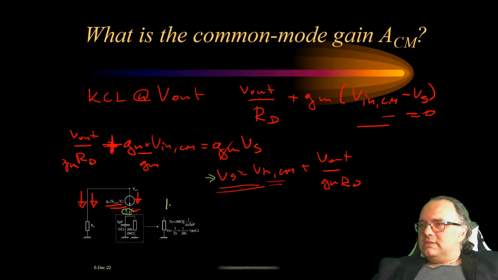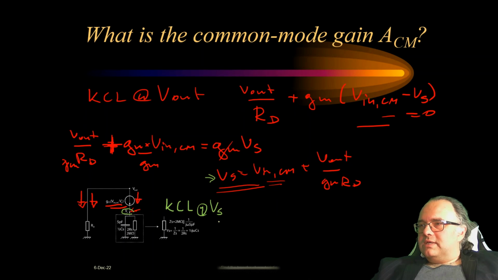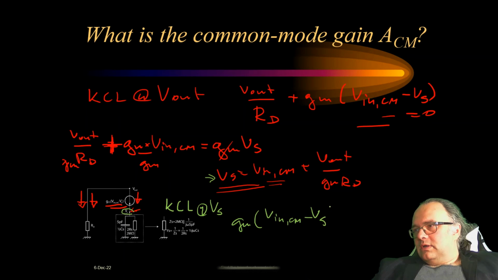So now KCL, Kirchhoff current law at node Vs. This will be this current, which is GM of V in common mode minus Vs, and this current is equal to the current that goes through this impedance, which is Vs over Zs, where Zs is this thing here.